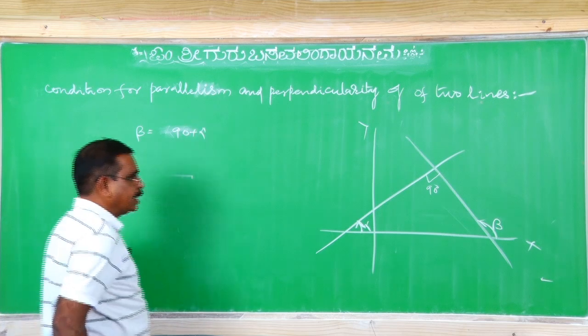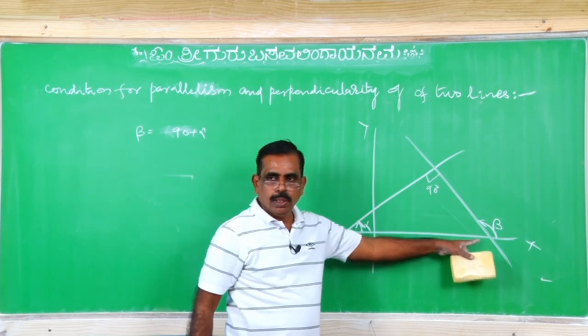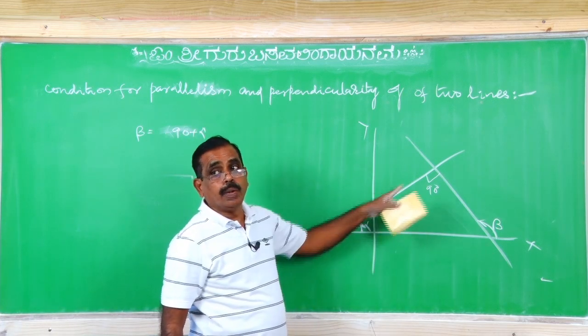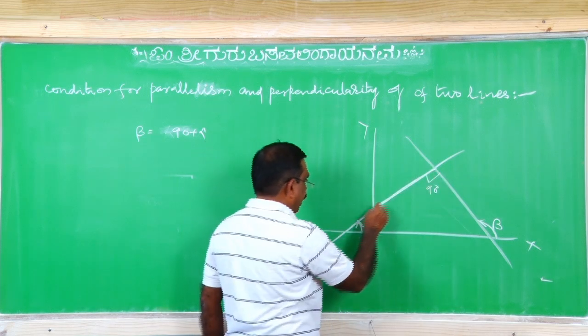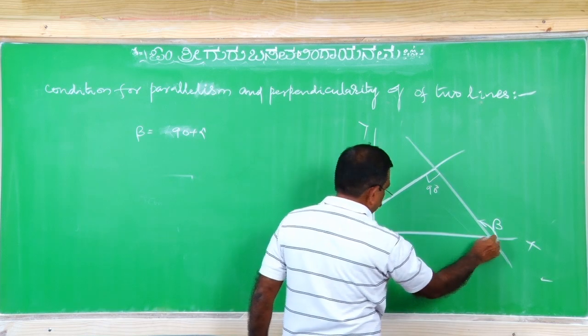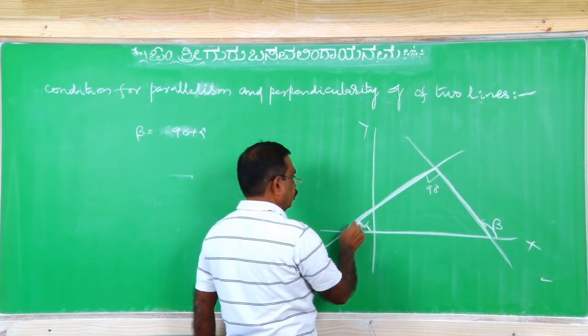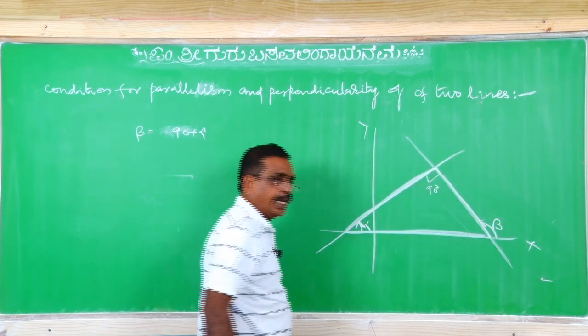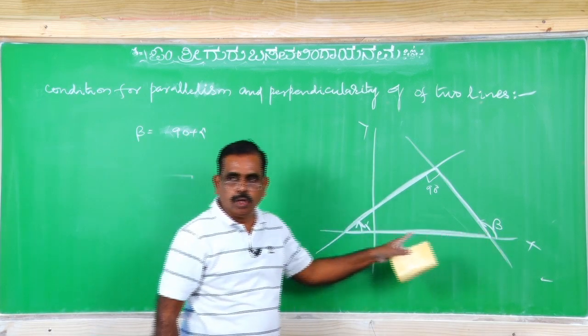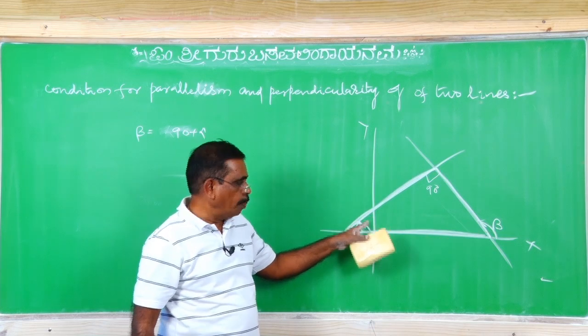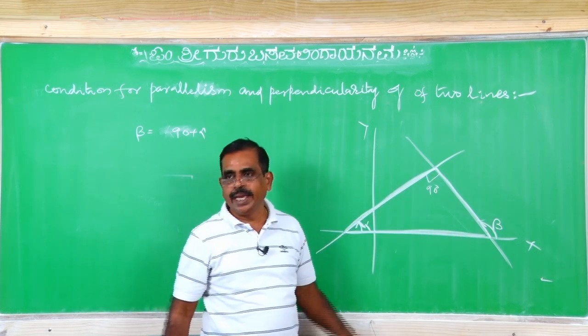Why? Exterior angle is equal to the sum of opposite interior angles in this triangle. Which triangle? In this triangle. This is the exterior angle, equal to the sum of opposite interior angles.